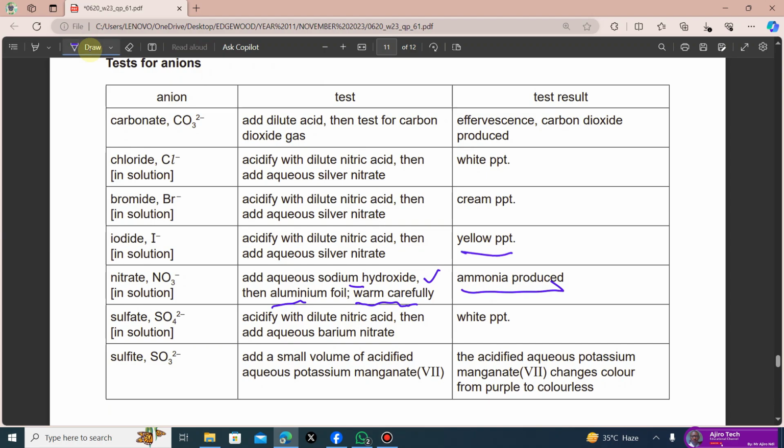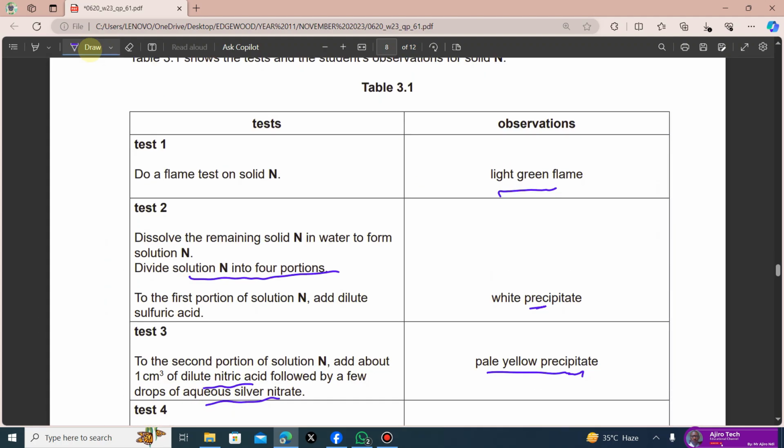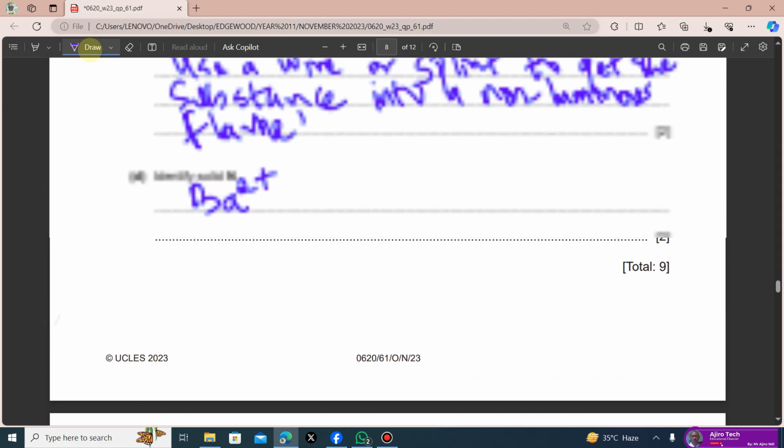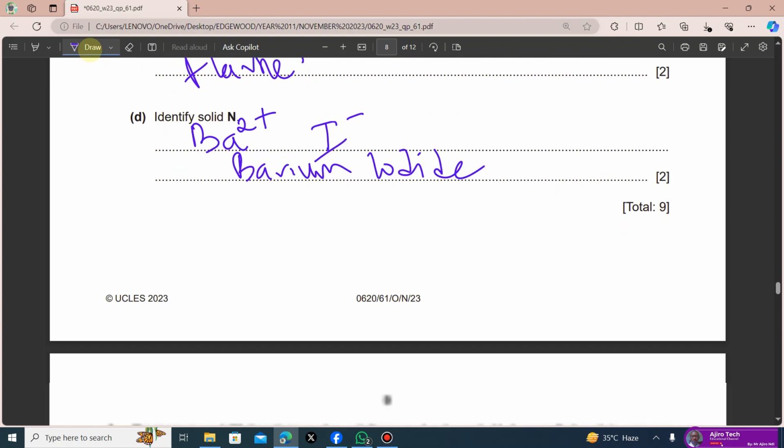So the yellow precipitate shows that it is the iodide ion. So we include I minus. So these are the ions present in that substance. Here we have barium iodide. So this is simply barium iodide. So that's for that question.